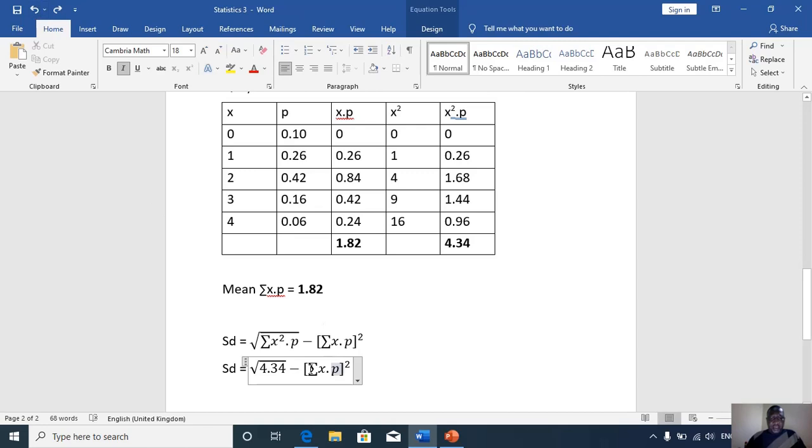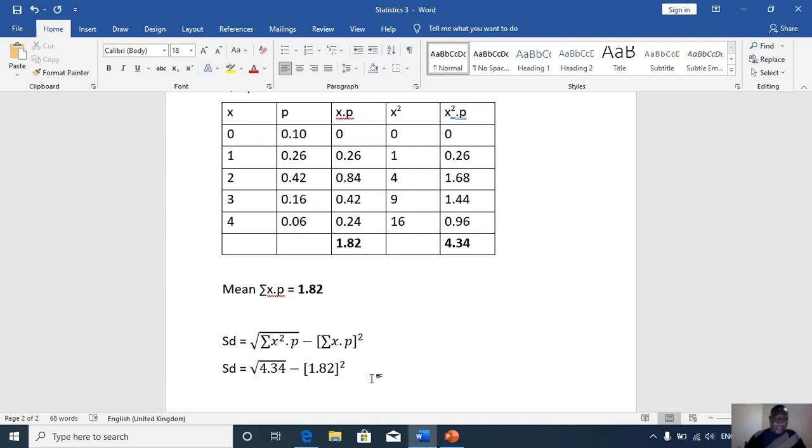Summation xp, that value is 1.82. So we have the 1.82 there. So 1.82 squared. Okay, so tap that into your calculator.